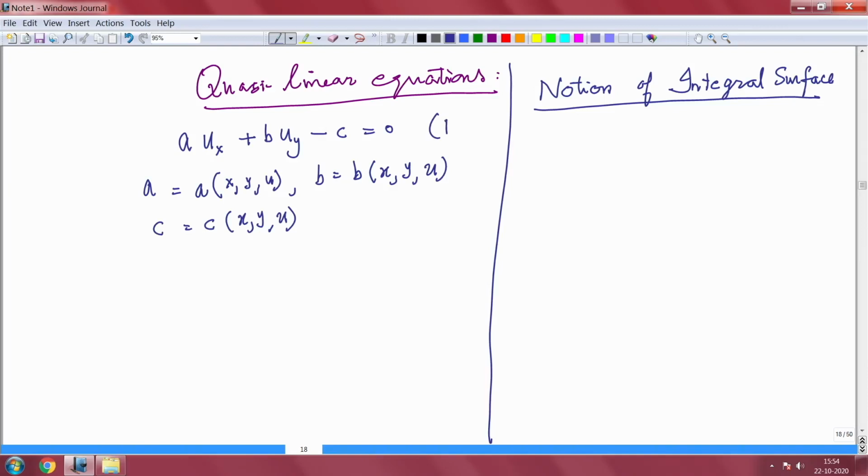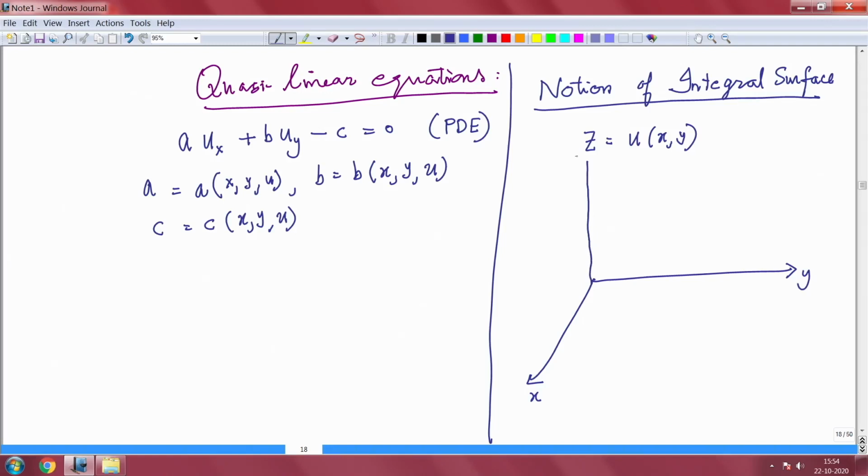This is your PDE. Okay. So, look at this z equal to u(x,y); I will introduce this notation. So, this is the unknown. Now we need a picture always: x variable here, y variable here, and then you have the u variable here.